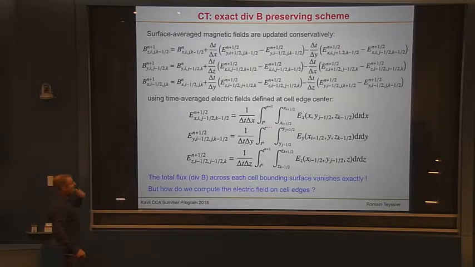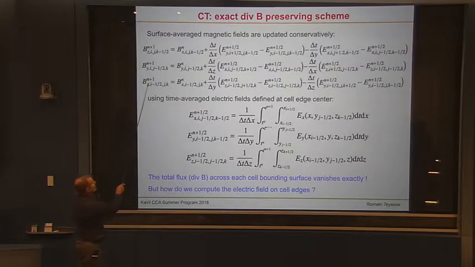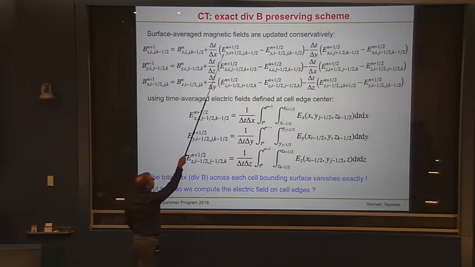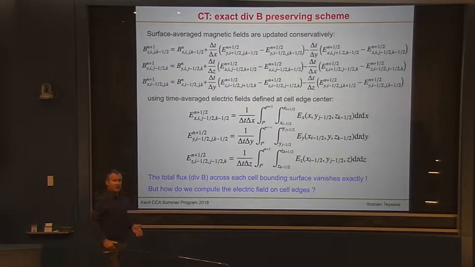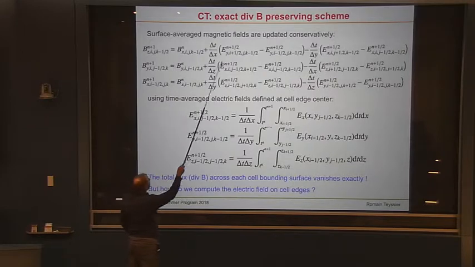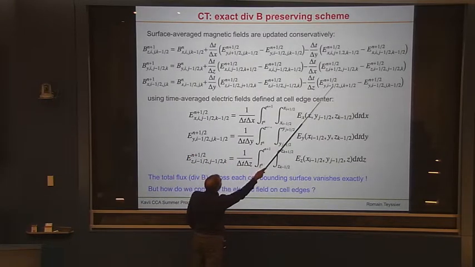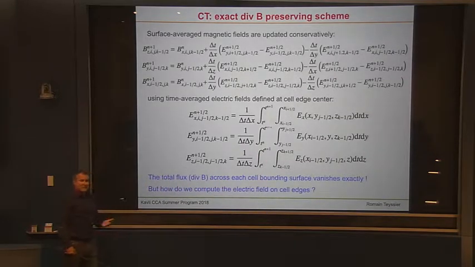And the beauty of that is that if you now compute div of B n plus 1, you can show that it's equal to div B n plus terms that all cancel each other. If you add up the three equations, this term cancels with this one, and this one cancels with this one, and this one with this one. So by construction, you satisfy div B n plus 1 equals div B n.